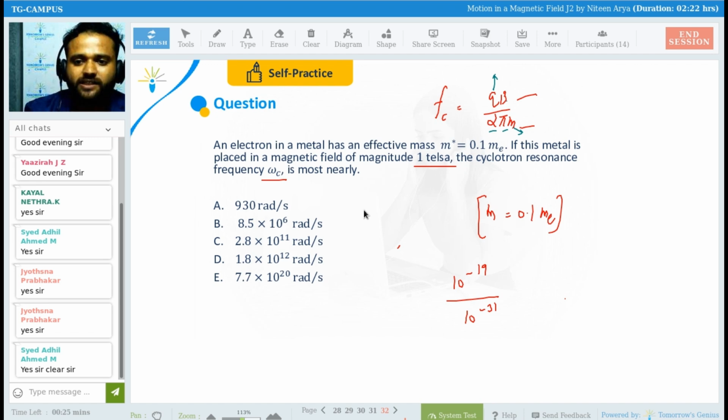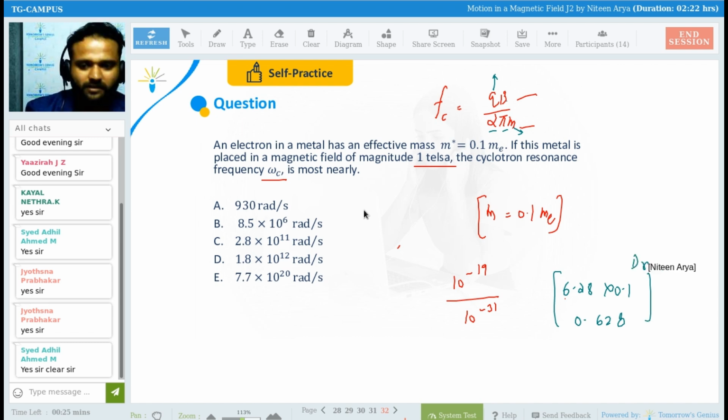And Q is 1.6, and then 2 pi M, it is 0.1, so 2 pi into 0.1 is 6.28, so that is 0.628. The denominator is constant, and the numerator is 1.6, B is 1, and then it is 0.68.